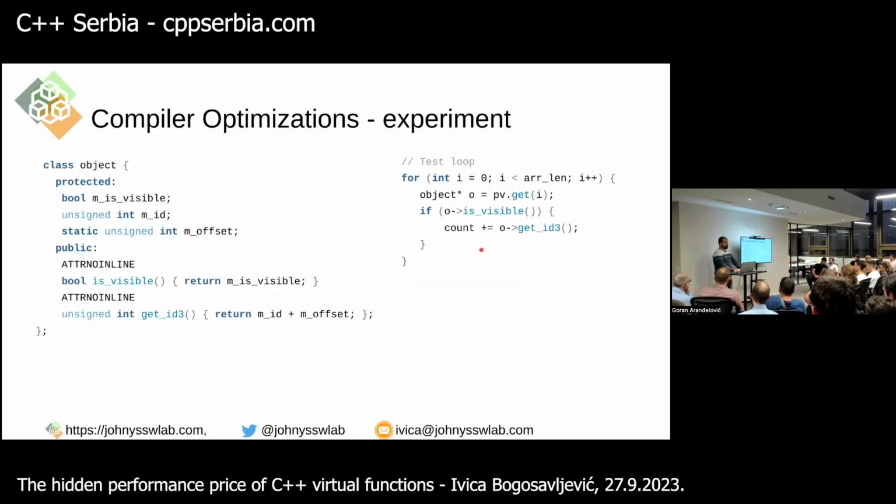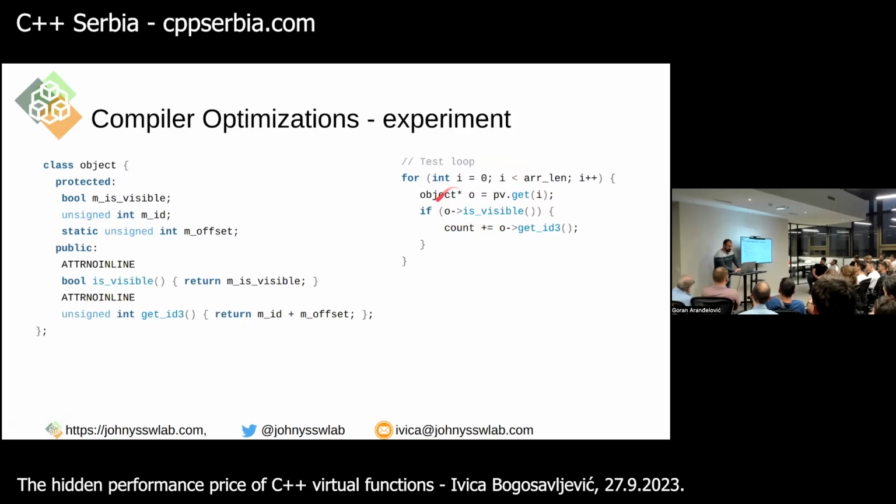Okay, so what I did is an experiment. I have here a class called Object, and I have this member called m_isVisible, and I have m_id, and I have m_offset, and I have these methods isVisible and getId3. And I have this test loop. Why is this important? Just a second, please.